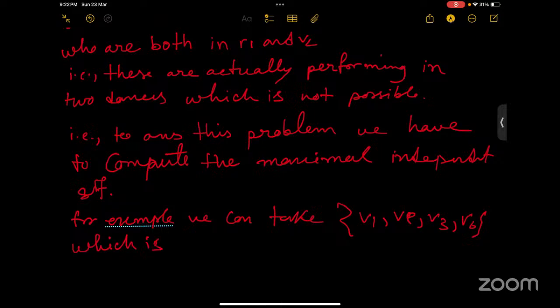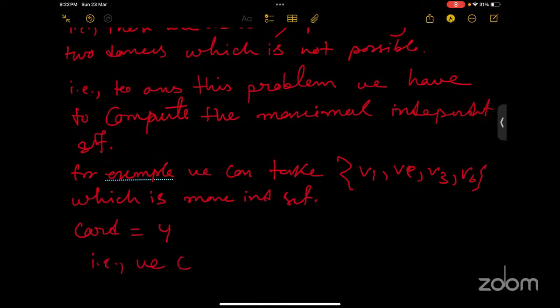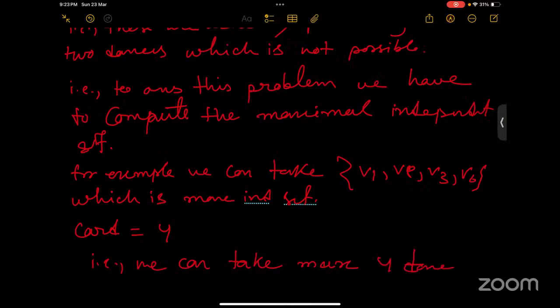Which is a maximal independent set, and the cardinality is equal to 4. That means we can take a maximum of 4. Okay, is it clear?